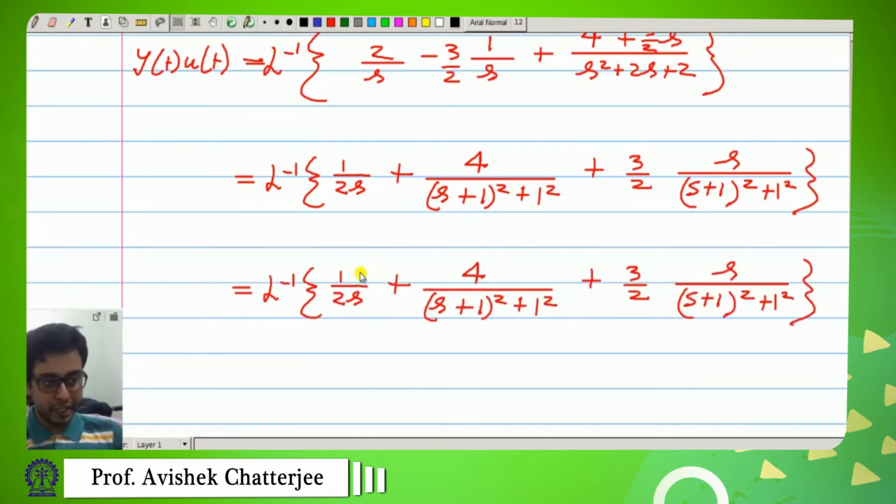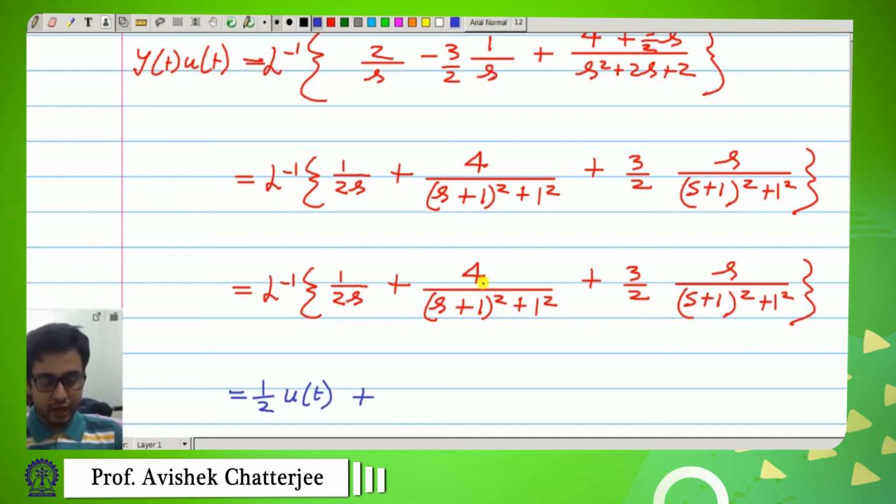Now we have to recognize which are the signals for which these are the Laplace transforms. So this one you can easily recognize, it is half, 1 over s is Laplace transform of u(t). Then these two terms you look at, it looks like a square plus omega square in the denominator. So these two terms are going to give us some sine and cosine signals.